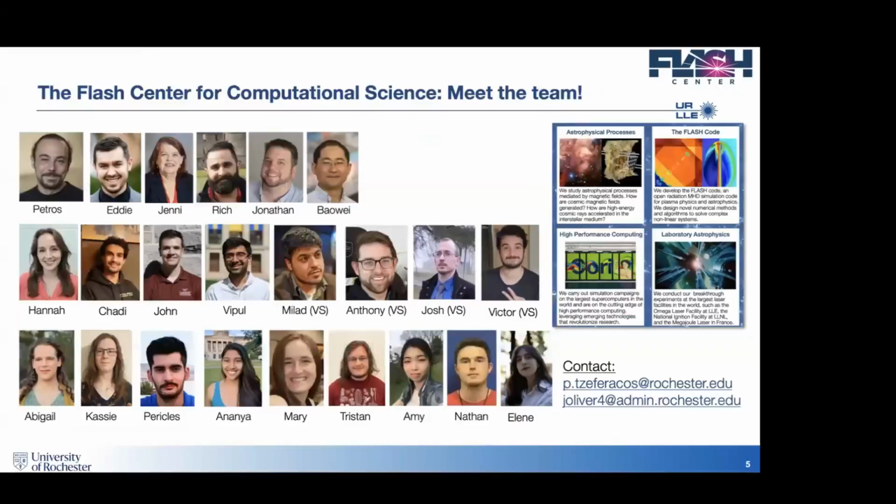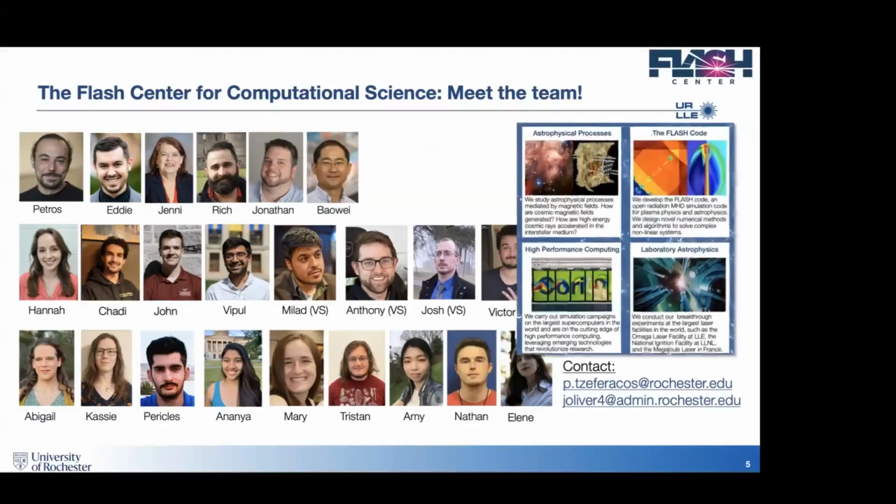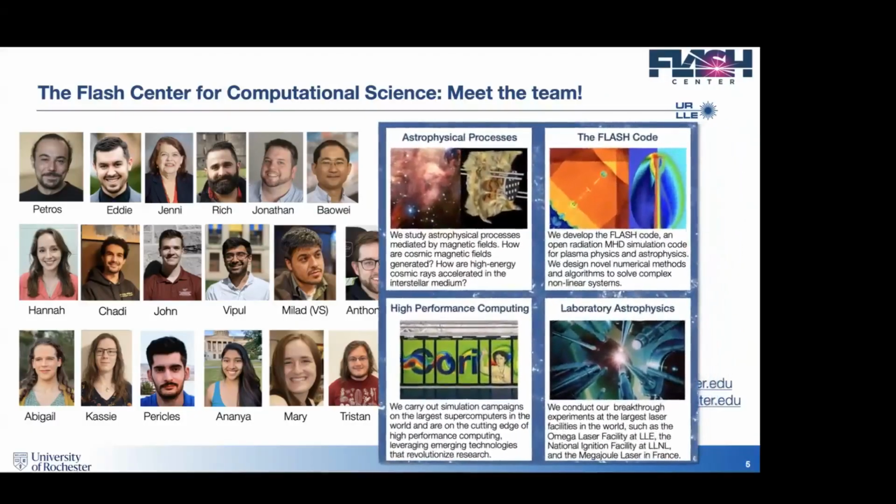Okay, so this is the Flash Center as it stands today in terms of our team. It is a big team of computational physicists, of postdocs, of visiting scientists, of a number of graduate students. And what we do is still anchored in astrophysics in the sense that we primarily study astrophysical processes, not by modeling the phenomenology like we were doing with supernovae, rather by trying to apply Flash and high-performance computing systems to design laboratory astrophysics experiments.